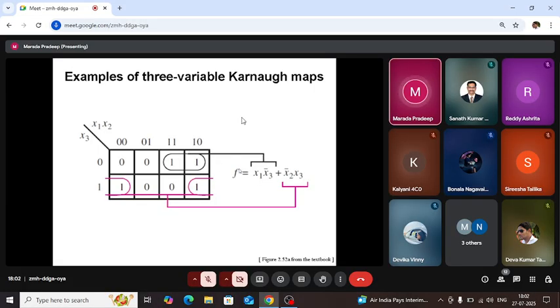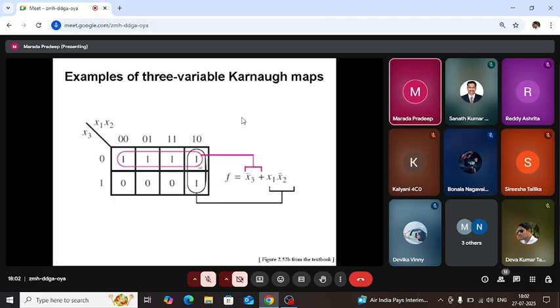Nothing but x1. But here I am changing x2 from 1 to 0. Here a transition happened. It means x2 and x2 bar together give 0. So x1 dot x3 bar is one expression.